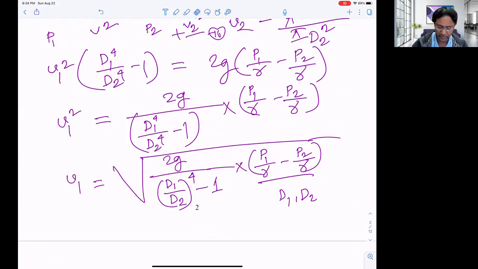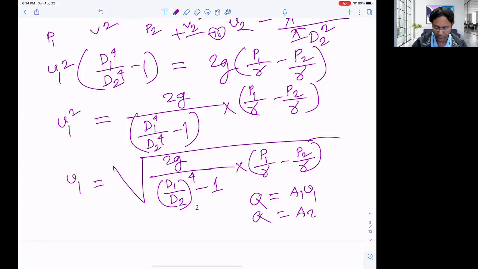Once you have the velocity, and if you know the cross-sectional area, you can easily calculate the Q, and Q is the same everywhere. So Q will be A1 and V1. You can calculate Q that way, or with A2 and V2, but we need to derive the same expression for V2 as well. You can do that. It is simple. The answer will be the same. So that is the expression for V1.